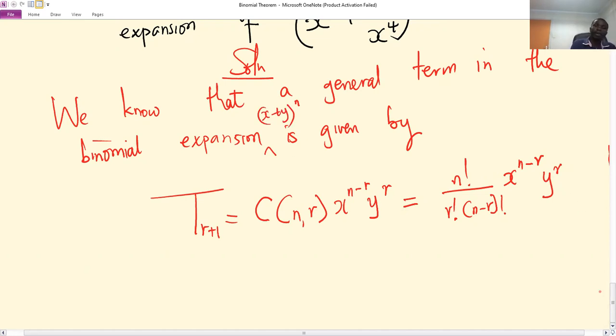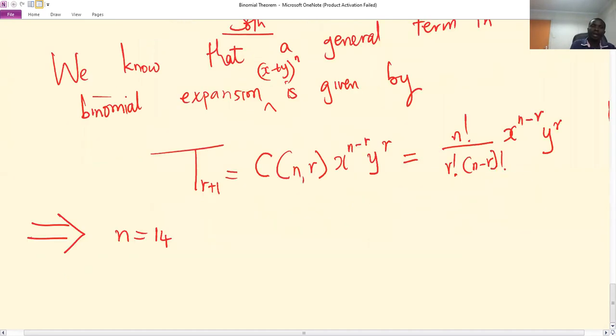And n for this case is 14. So when n is 14, the total number of terms is 15.